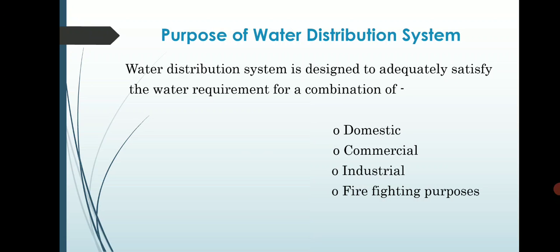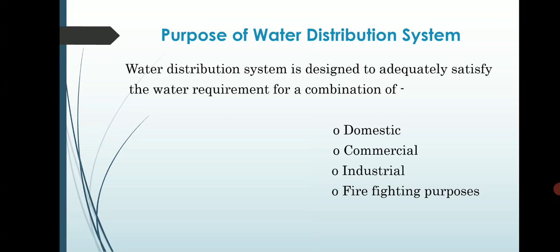Okay, the purpose of water distribution system. Why do we actually use the water distribution system? The water distribution system is designed to adequately satisfy the water requirement for a combination of domestic, which is our household needs, commercial, which is the water needs in the office, and industrial, the water that is needed in the industries, and firefighting purposes.